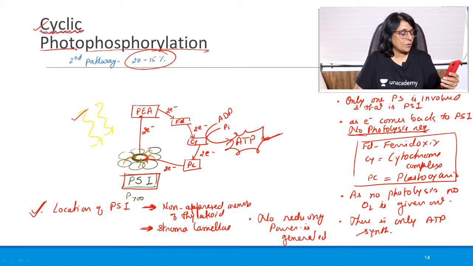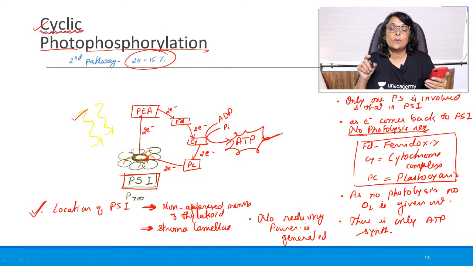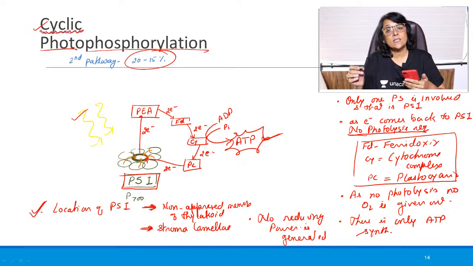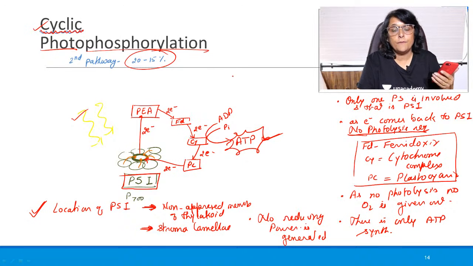Ma'am, why cytochrome and PC are absent in non-cyclic? See, electron transport chain, it is not that this is how they would be arranged. This is how the membrane proteins are. Now here, if you remember the structure of biomembrane, in biomembrane or plasma membrane, there is a phospholipid bilayer, right?